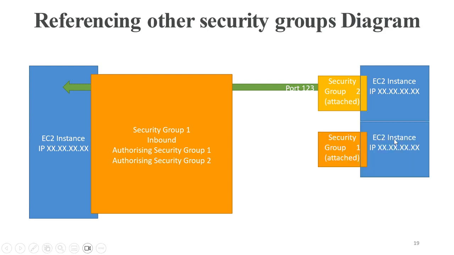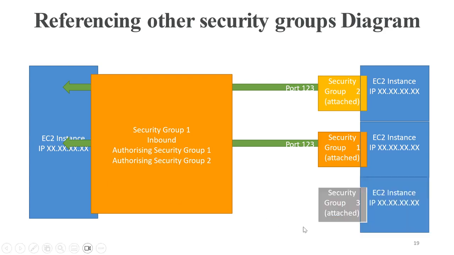Suppose you have another EC2 instance attached with security group 1. Will it be allowed or not? Yes, this is also allowed because we have already defined a reference to security group 1 also. The EC2 instances using either security group 1 or security group 2 can all access this EC2 instance on that port.